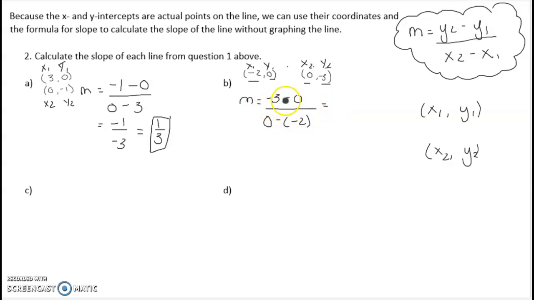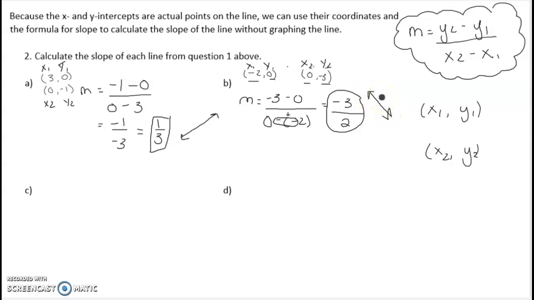So then we have -3 minus 0 gives me -3, and then divided by, here we have two negatives, so negative and a negative make a positive. So this is really 0 plus 2, which gives me positive 2. So our slope is -3/2. We know that the first one, because it's positive, is going to be a positive slope, and this second one is negative, so it's going to be a downhill negative slope.